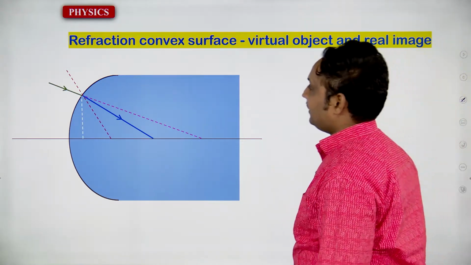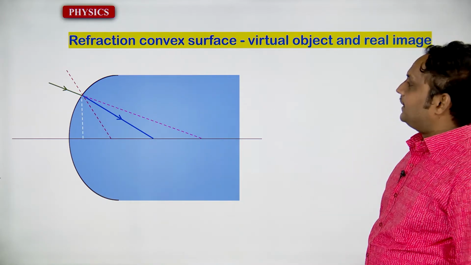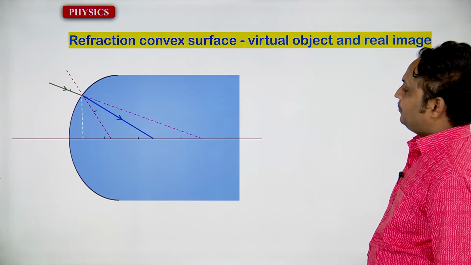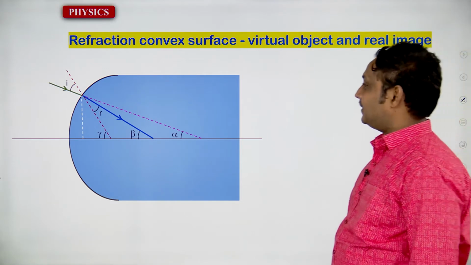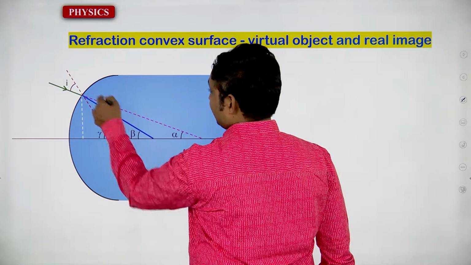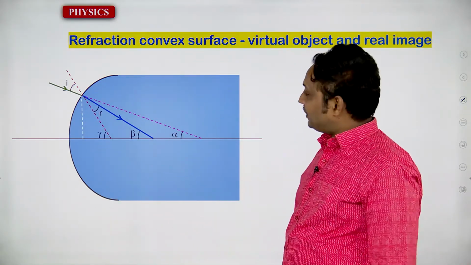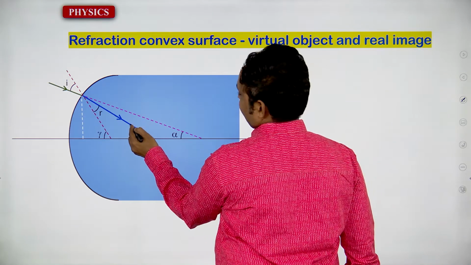Now we are going to look into this present diagram. Just see all these incident light rays. This is the normal which makes the angle I, the angle of incidence I, and this is the refracted ray.